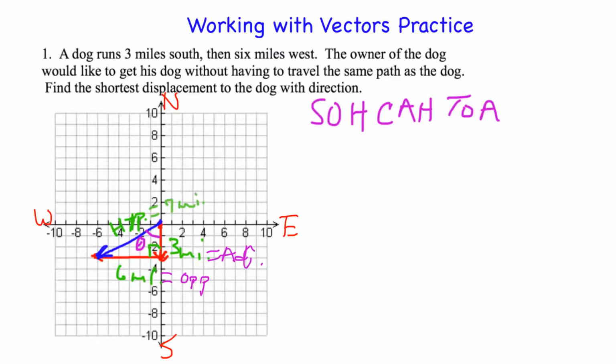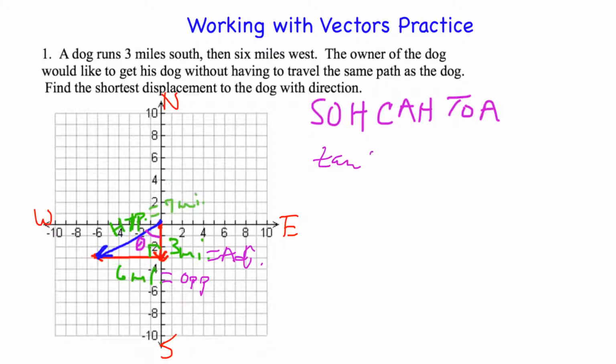So we need to figure out something that has to do with any of these sides. Really, we could use any of those if we want. Let's go ahead and use tangent, since that involves things that the problem gave us and not something that we calculated on our own. So we'll write that out.